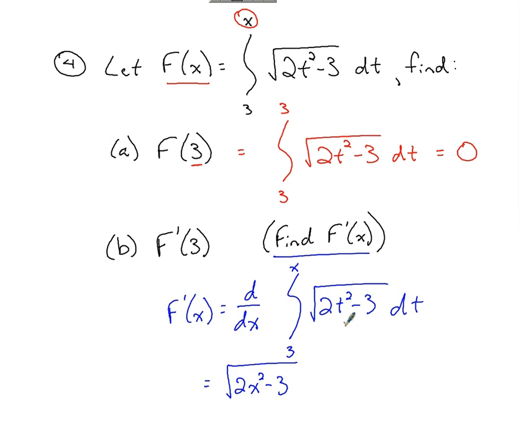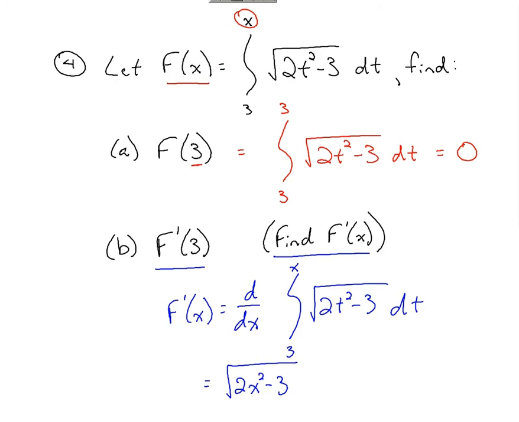Meaning if I want to find f prime of 3, take your 3, insert in here for x. F prime of 3 is going to equal the square root of 2 times x squared, right? So 3 squared. And what was the rest? The rest was minus 3.